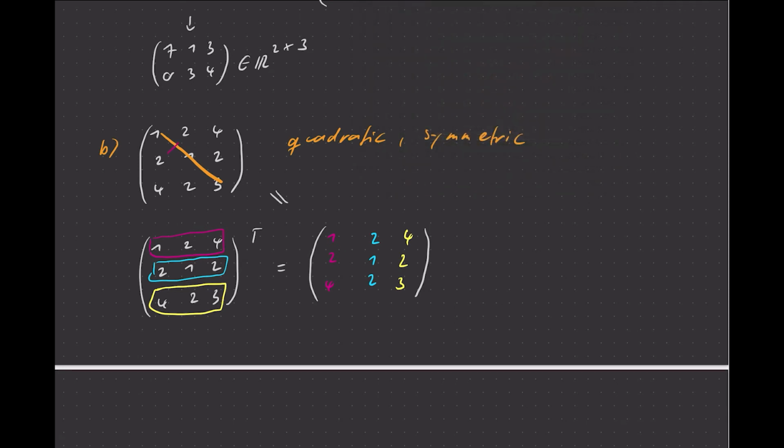So here's the same entry, here's the same entry, here's the same entry. So symmetric basically means symmetric with respect to the matrix diagonal.